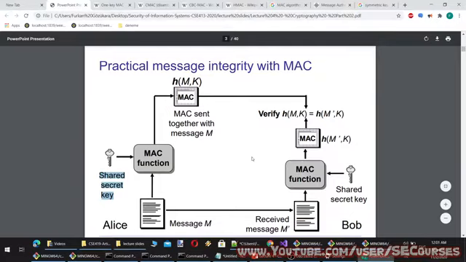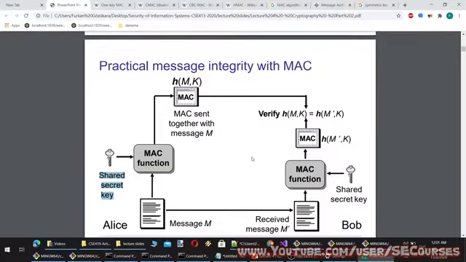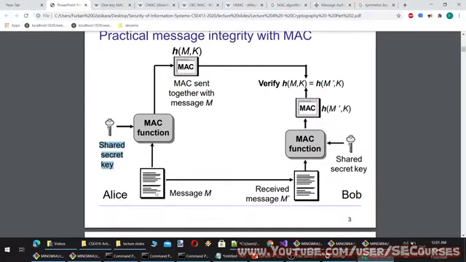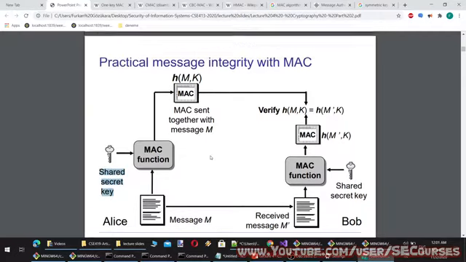So before even starting the message exchange, Alice and Bob both have the same shared secret key, let's say through secure ways. This is an assumption, a rule for the MAC algorithm to work. Then Alice puts her message into the MAC function with this shared secret key.